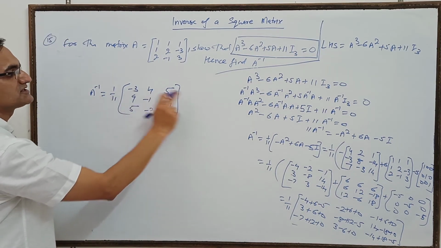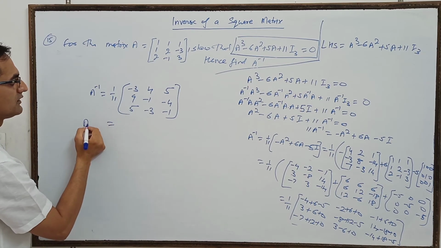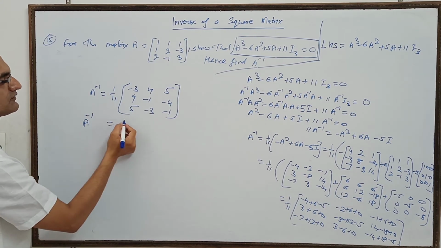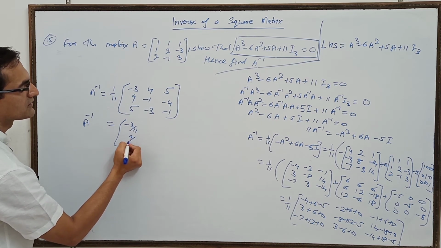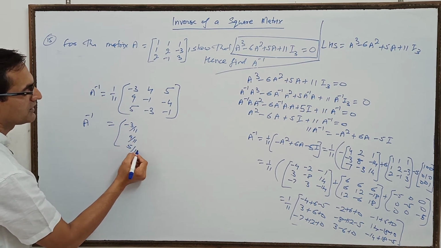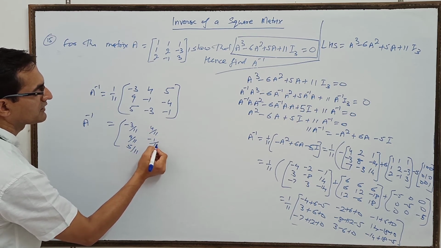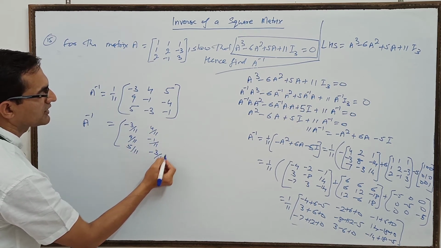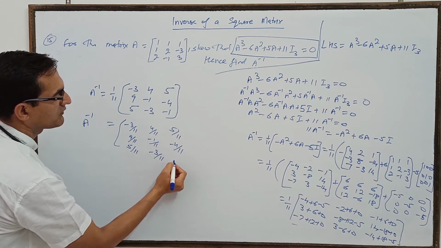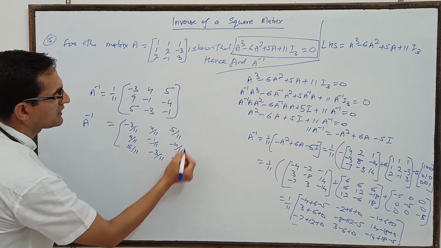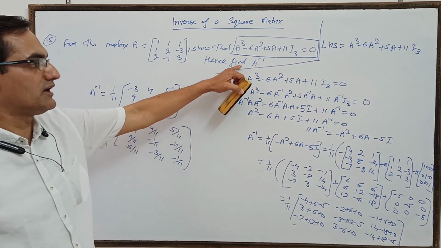Multiply each element by 1 by 11, or divide, is equal to minus 3 by 11, 9 by 11, 5 by 11, 4 by 11, minus 1 by 11, minus 3 by 11, 5 by 11, and minus 4 by 11, minus 1 by 11. So this is inverse of A.